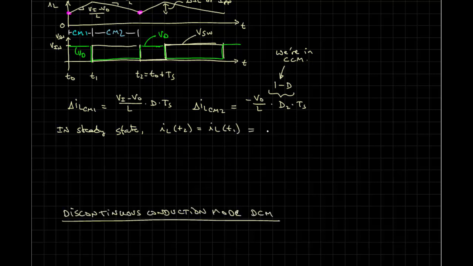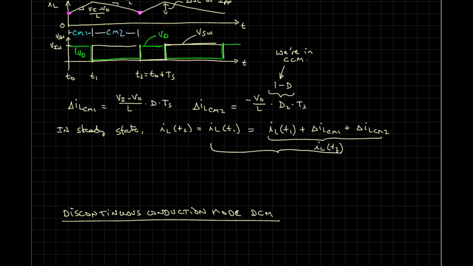This means that IL of T1 plus delta IL CM1 plus delta IL CM2, this right here, is actually IL at T2, which must equal IL at T1. And so when we combine these two, we can write that delta IL CM1 must be equal to minus delta IL CM2.